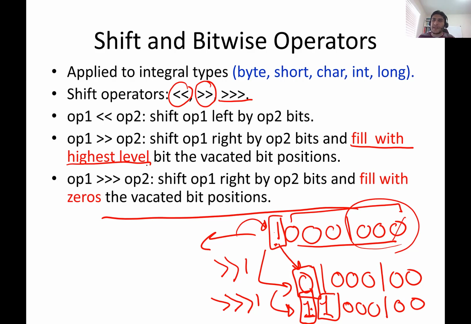Did you by any means discuss arithmetic versus logic shifting in digital design or not yet? No. Okay, so if you have questions, please ask. So just to summarize, logic shifting always inserts zeros to the left. Here we are only talking about right shifting. Don't bother about left shifting.